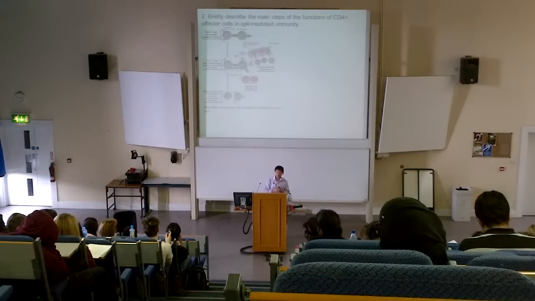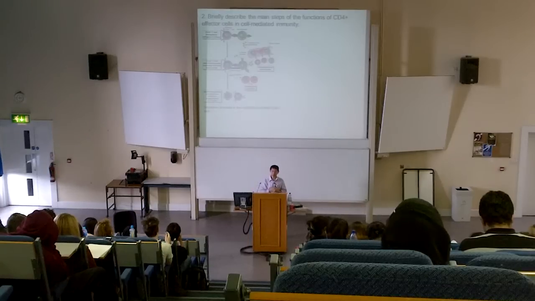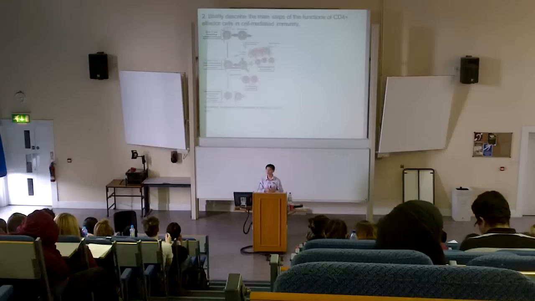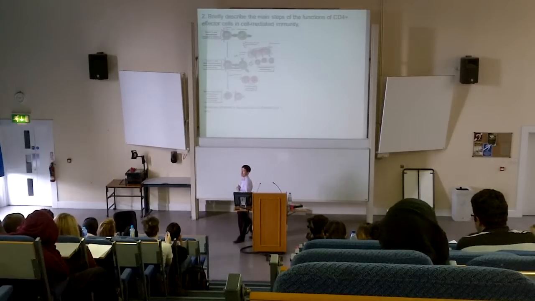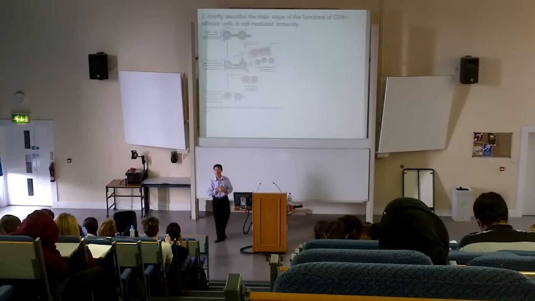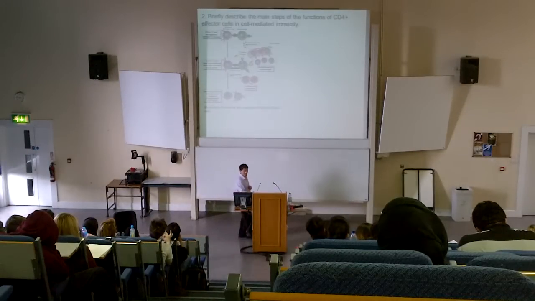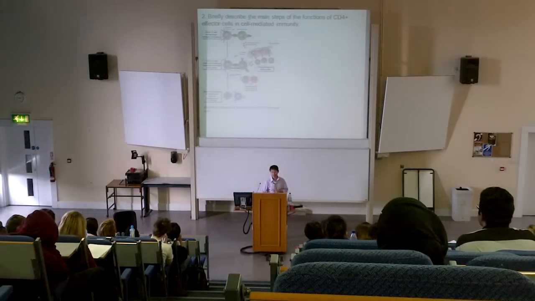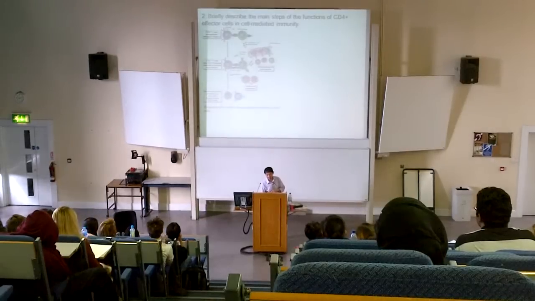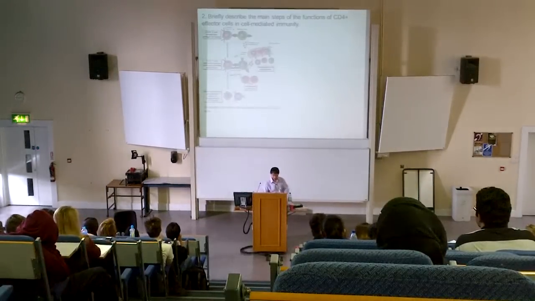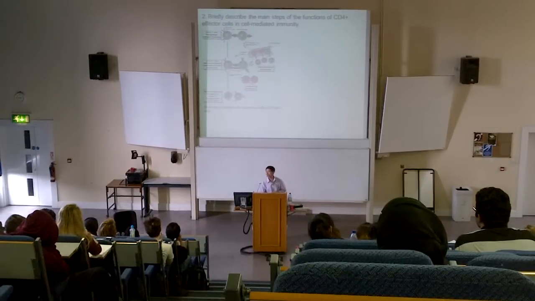Now, this question briefly describes the main steps of functions of CD4 positive effector cells in cell-mediated immunity. 4 steps. Still remember that? 4 steps of this process. Based on the figure, can you briefly describe that? 4 steps.